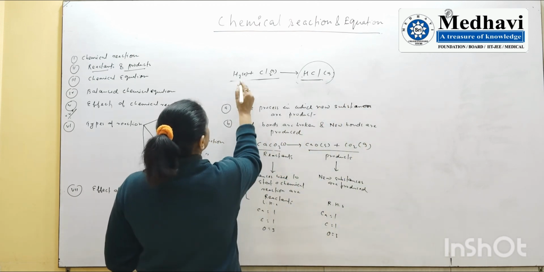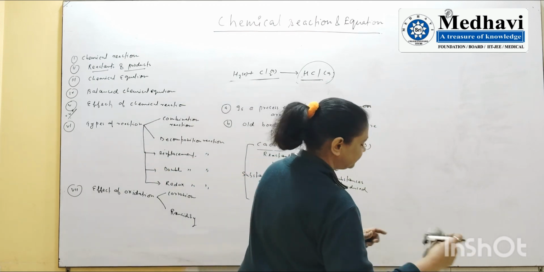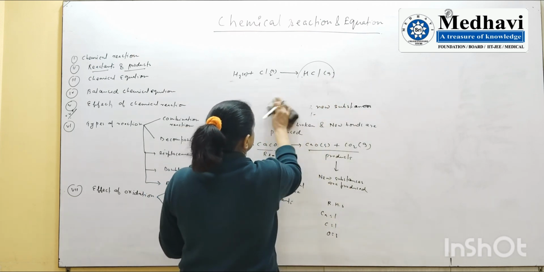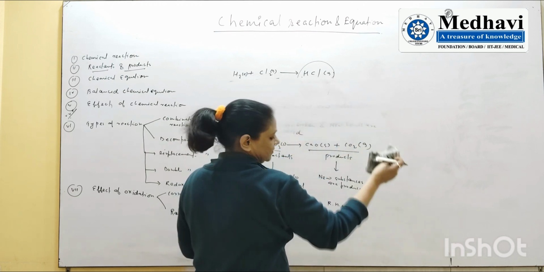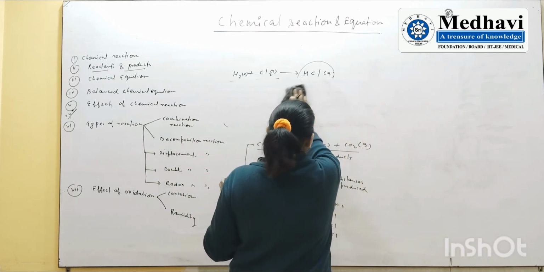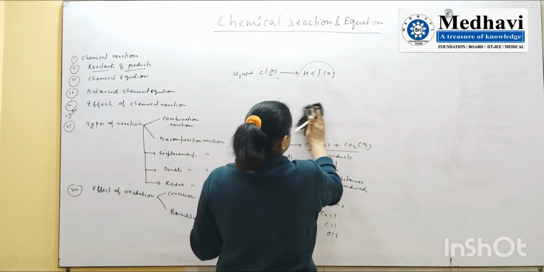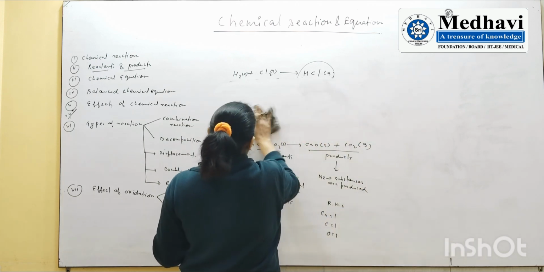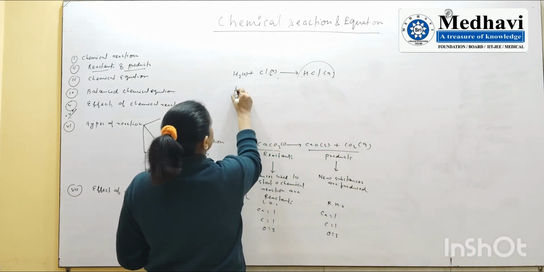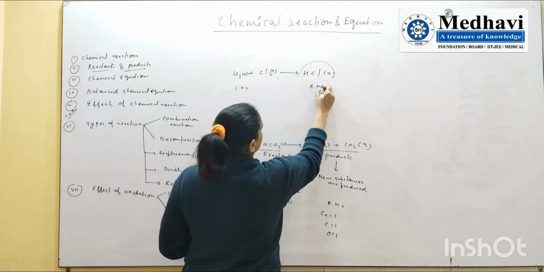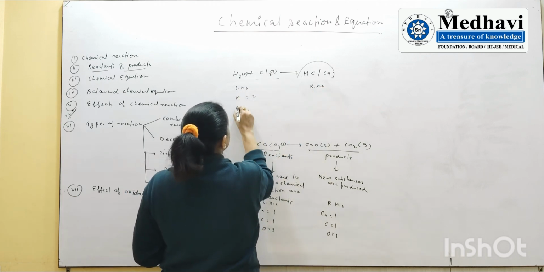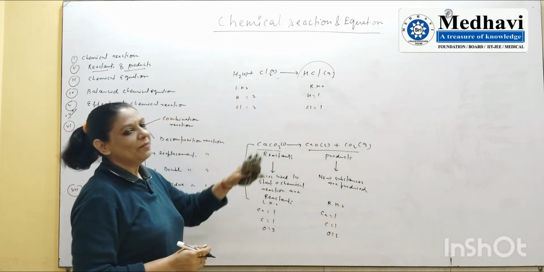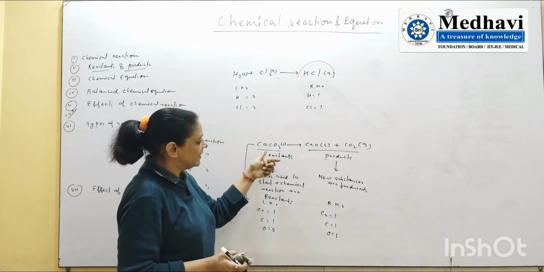Now here, LHS and RHS. On the left hand side hydrogen is 2, Cl is 2; here hydrogen is 1, Cl is 1. So this is not a balanced chemical equation, this is unbalanced and the other is balanced.